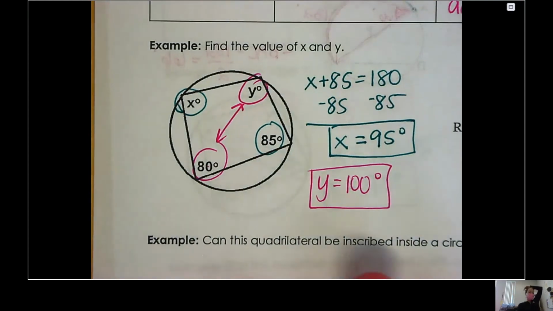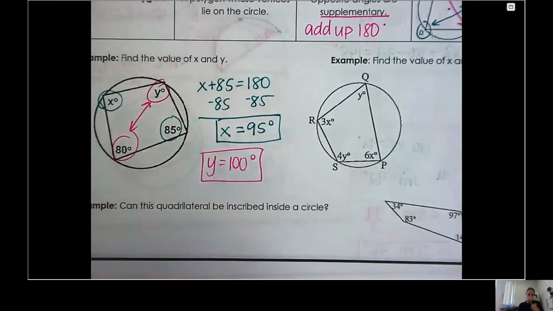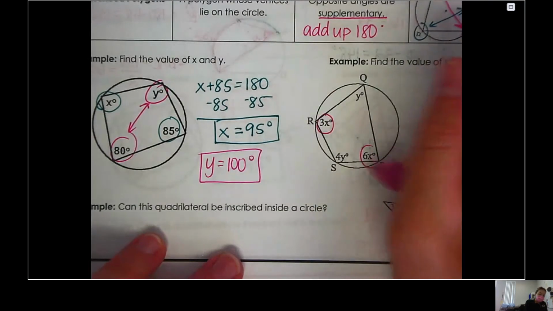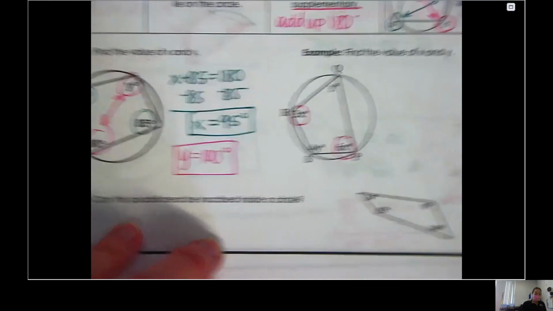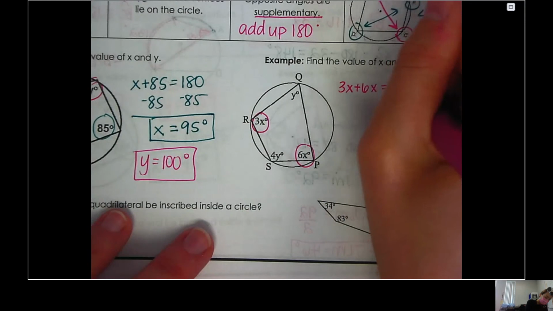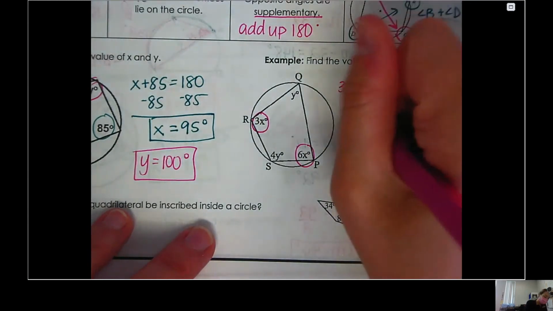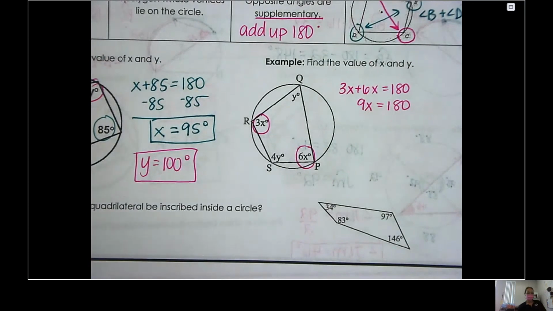All right, so then what would I do for the next one? How would I set it up? 3x plus 6x equals 9x, and then equals 180. Good. So you're going to do 3x plus 6x equals 180. Like German said, that's 9x equals 180. And then what do you do to get the x by itself?